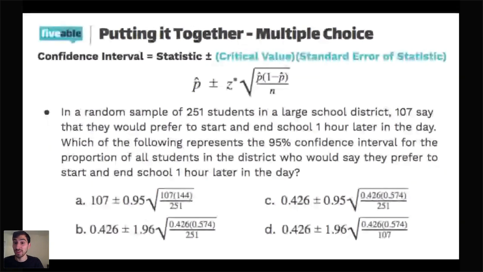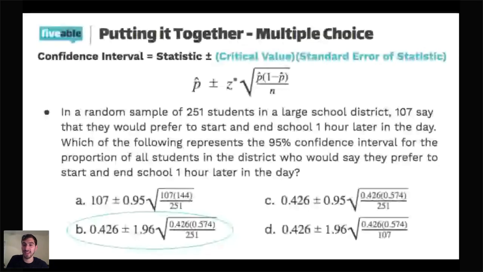Well, spoiler alert, B as in boy is in fact the correct answer from this scenario. And in my experience, there is at least one multiple choice question pretty much every year out of the 40 that is this almost exact same setup, where they'll give you a one sample z interval and they want you to pick out which one is the right setup.